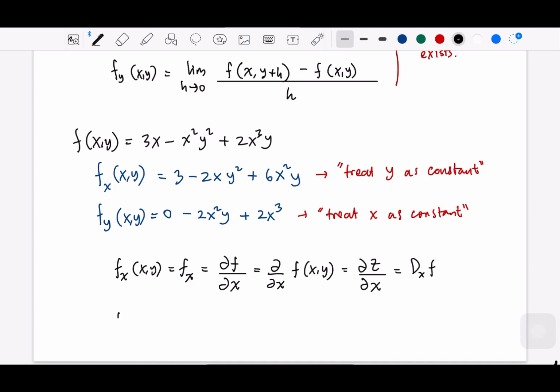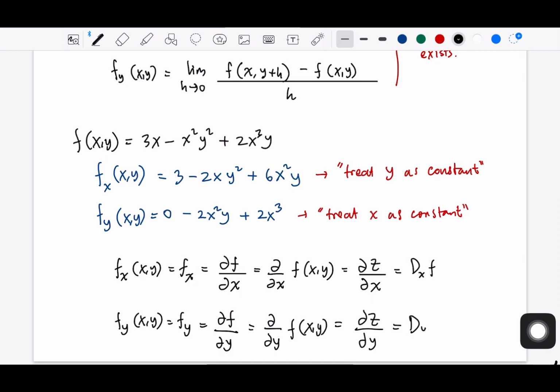Same way for partial y. In any way you write, you can choose which one you prefer. I prefer either f_y or f_x or the del f over del x.